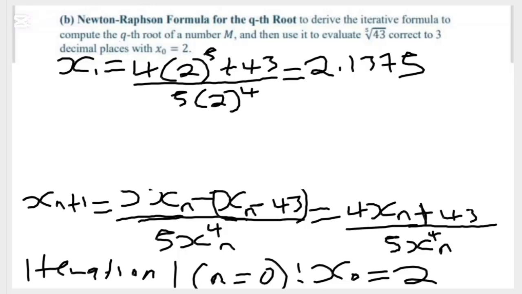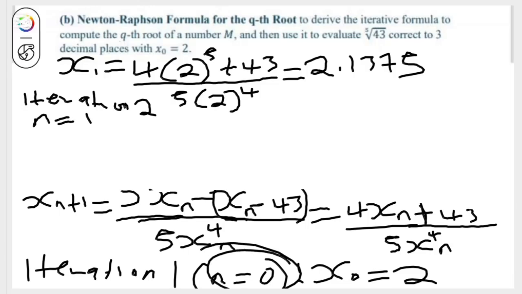So I will move to the second iteration. In iteration 2, n should now become 1, because in iteration 1, n is 0.